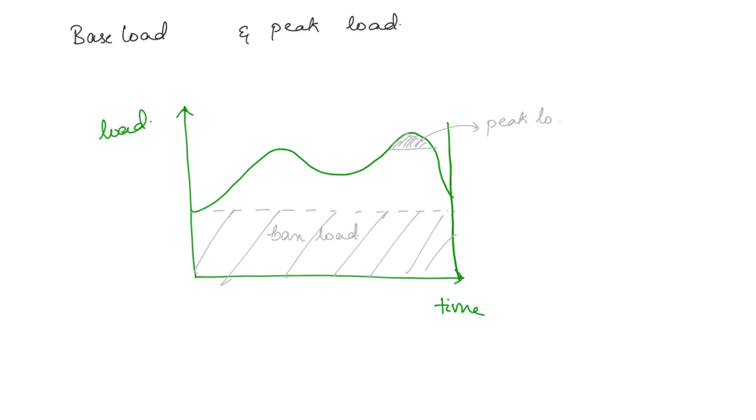So these variations in peak load are not going to be constant at any given time. They are going to depend on the day. But the base load is going to be constant. So the generating stations that are going to deliver the base load and the peak load are going to be different. And the load in between is often called the intermediate load.